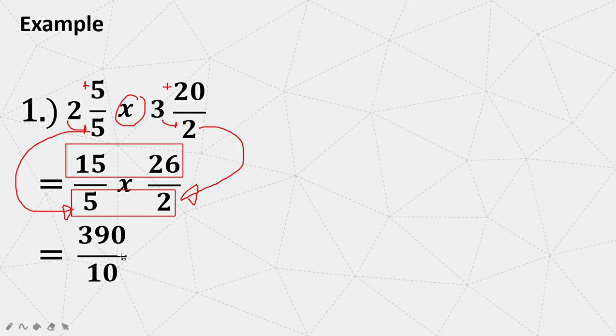Okay. So, now, think about this. This is an improper fraction, but as you can see here, yung number natin is madali siyang isipin that this 390 can be divided directly to 10. So, 390 divided by 10 will give us 39. Okay, so the final answer is 39. So, simple as that, no?